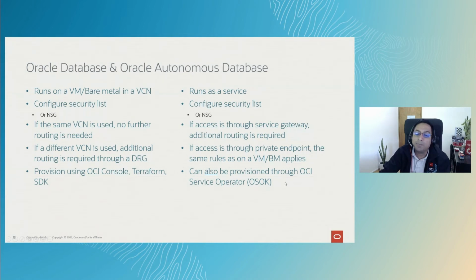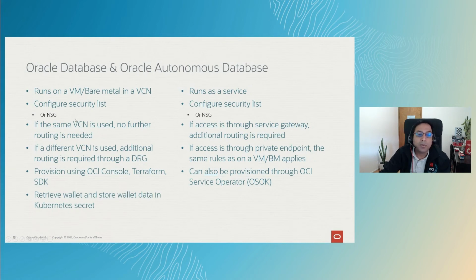Bear in mind that you can also use the OCI Service Operator on any other Kubernetes cluster as long as you have access to the OCI service. Through it, you give the instruction to provision the autonomous database, for example.